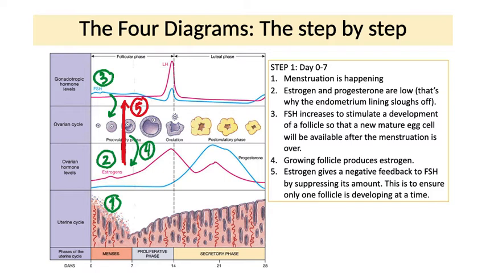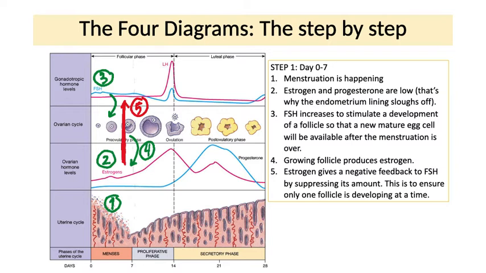That's number 2 on the diagram. Now, while menstruation is happening, actually a new egg has to be prepared. So you can see from number 3, the follicle stimulating hormone or FSH increases to stimulate development of a follicle in the ovary so that a new mature egg will be available after the menstruation is over.